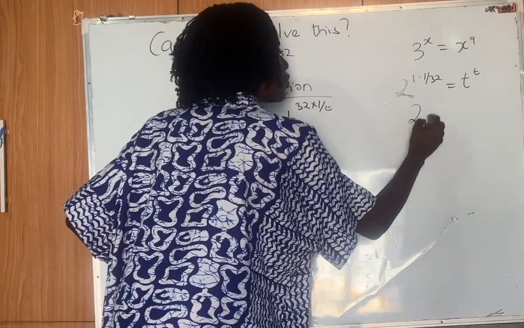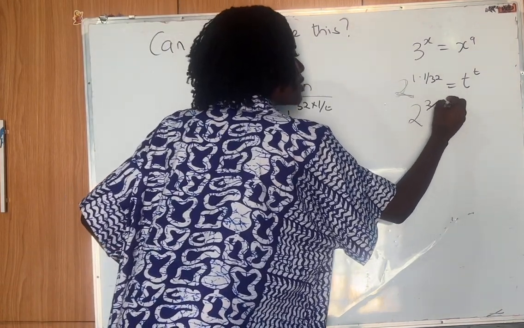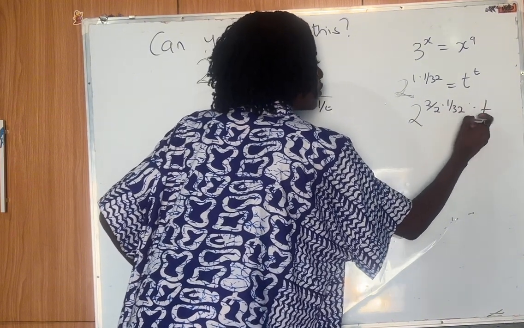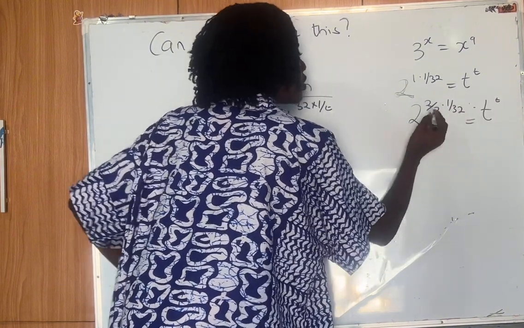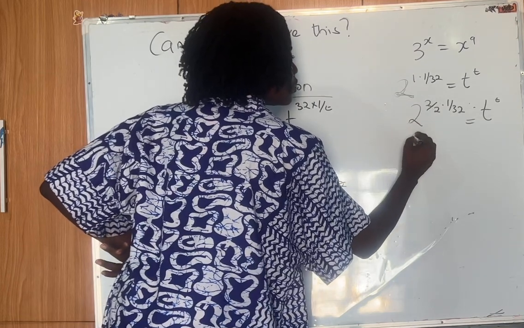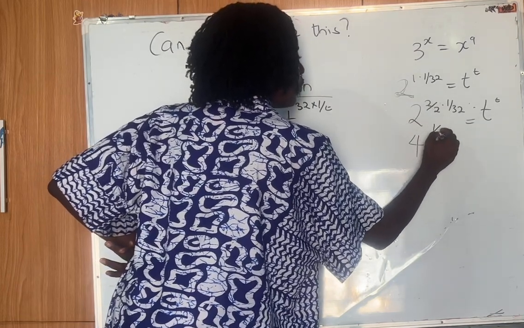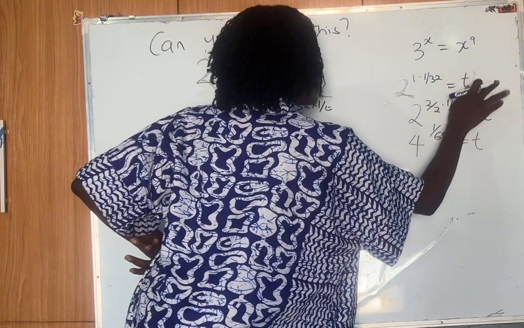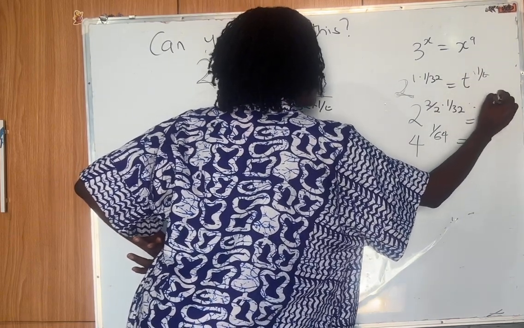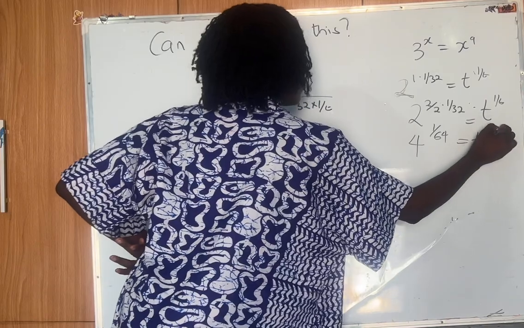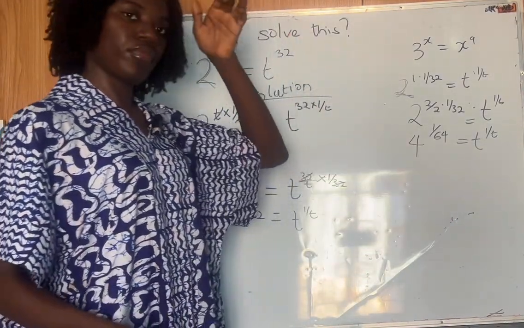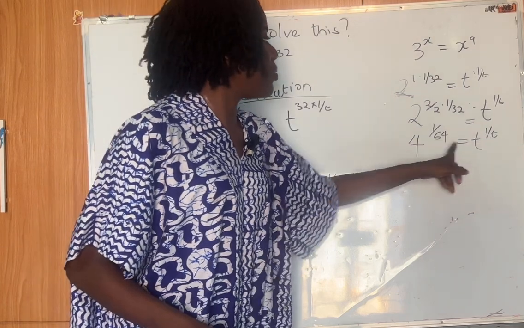So this is 2 over 2 times 1 over 32, 2 raised to the power 2 is what? 4. 1 over 64. Now, you can see that t here will be 4, right? And t here will be 64.